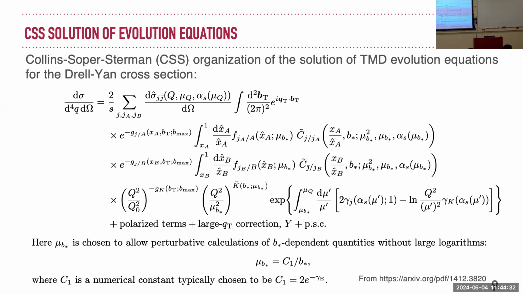And therefore, what this formula achieves is the exponentiation of all these logarithms. And in the exponentiation of these logarithms, I have exponential of minus infinity. I don't worry, it's just zero. So this is the famous Sudakov double log.